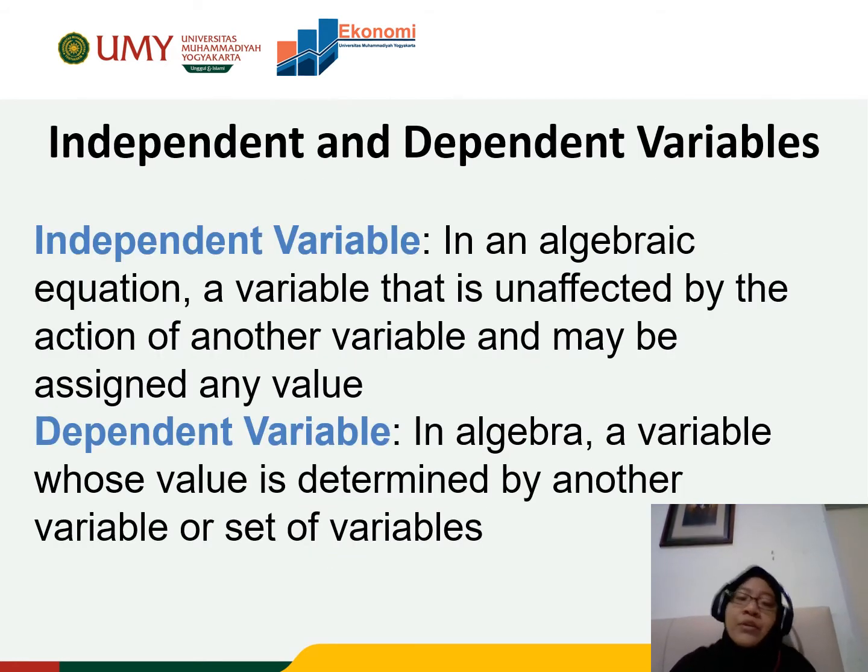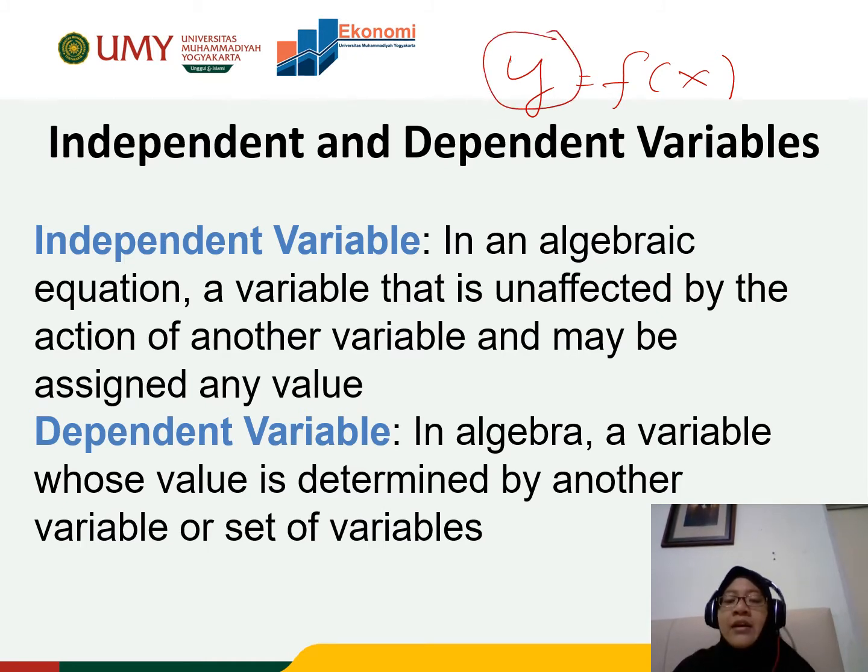So when you're talking about y as a function of x, we're talking about independent and dependent variables. We have y and x, as you can remember from the previous slide. Which one is the independent and which one is dependent?